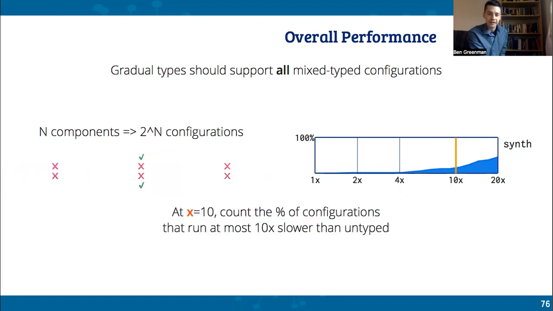So if we zoom in on one point in the x-axis, say x is 10x, so we're willing to accept a 10x slowdown, then what we do is look over the lattice and see how many points meet the 10x mark. And in this plot, about 1/8 of all the points are within 10x. So we see something like 2 checks and many x's. These 2 points we can use, and the rest of the points are too slow. The bottom line for a plot like this one on the right, you want to see a larger area under the curve. Larger area means better performance.